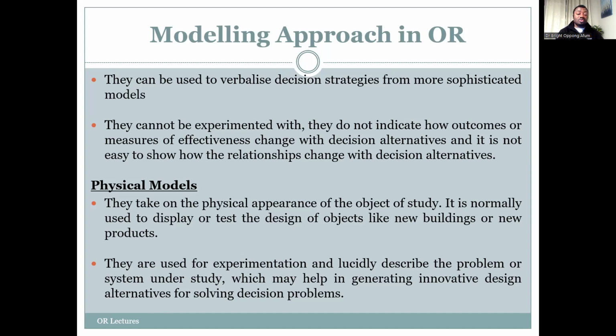It's normally used to display or test the design of objects like new buildings or new products. Physical models are used for experimentation, and they barely describe the problem or the system under study. So it generates innovative design alternatives for solving the decision problem.